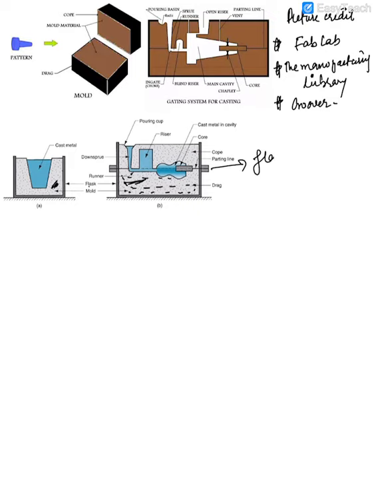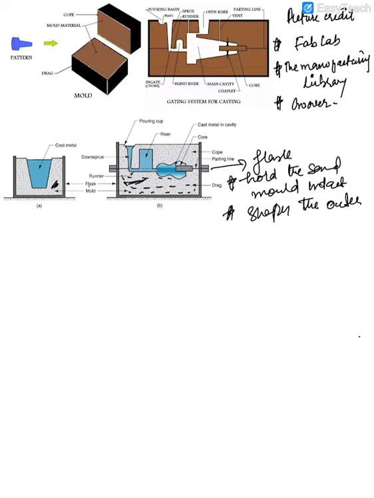First, the flask holds the sand mold intact. Secondly, it shapes the outer boundary of the sand. Depending upon the position of the flask in the mold structure, it is referred to by various names such as drag, cope, cheek.